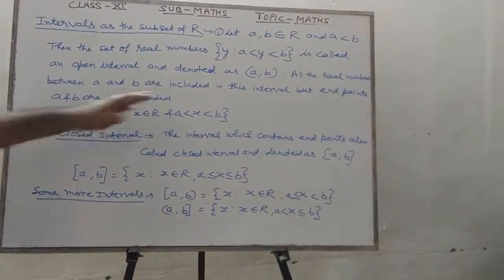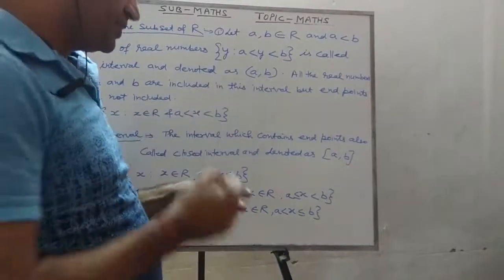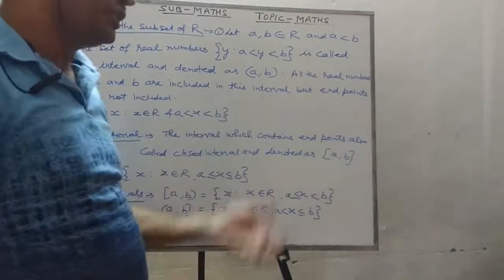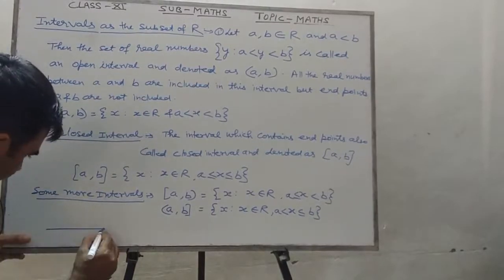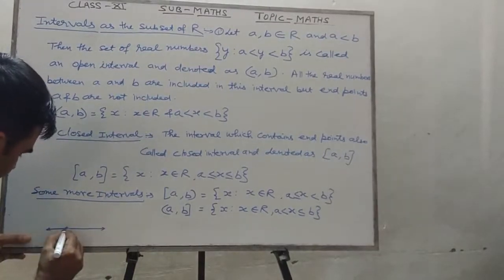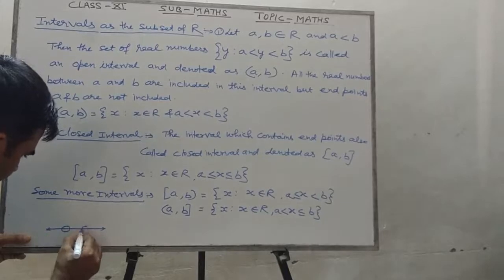As we have discussed here, whether the endpoints are included or not included, these may also be understood with the help of the real number line. This is the real number line, and it is point a, it is point b.